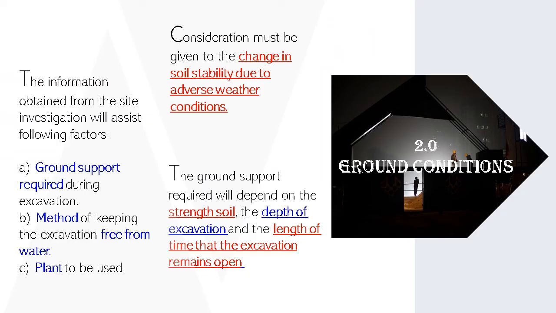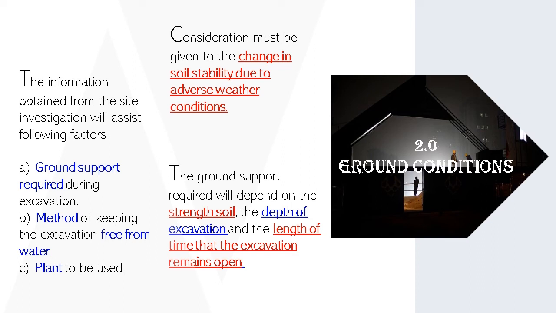The second general consideration is ground condition. The information obtained from the site investigation will assist with the following factors: ground support required during excavation, method of keeping the excavation free from water, and plant to be used.